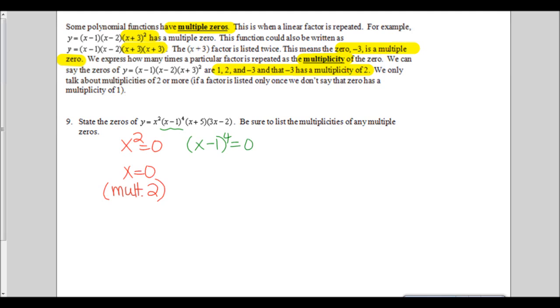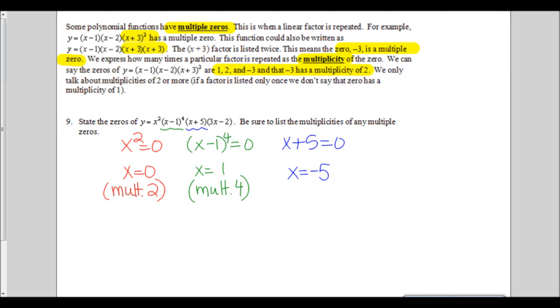If I set that equal to 0, I get x equals 1. Since the exponent was a 4, I'm going to say this has a multiplicity of 4. Going to my next 0, I have x plus 5 equal to 0, which gives me x equals -5. I don't need to write down that that has a multiplicity of 1 because it was only a factor one time.